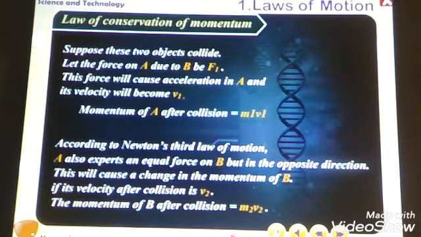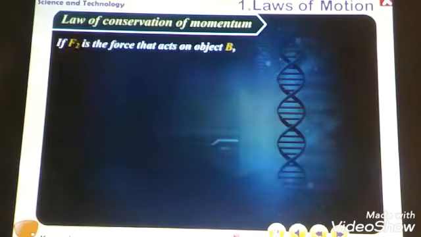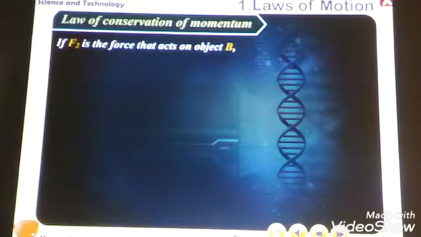This will cause a change in the momentum of B. If its velocity after collision is v2, the momentum of B after collision will be m2 into v2. If F2 is the force that acts on object B, then F2 is equal to minus F1 because the forces are in opposite directions.